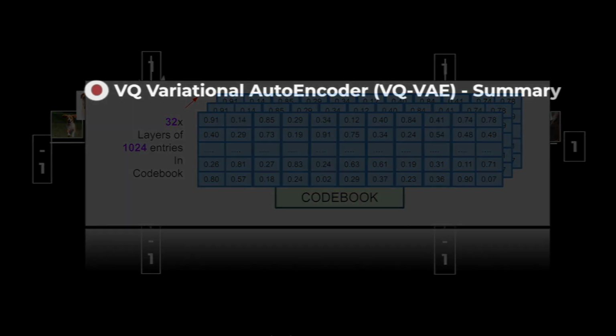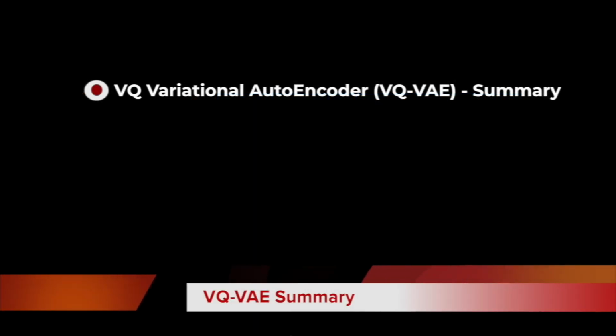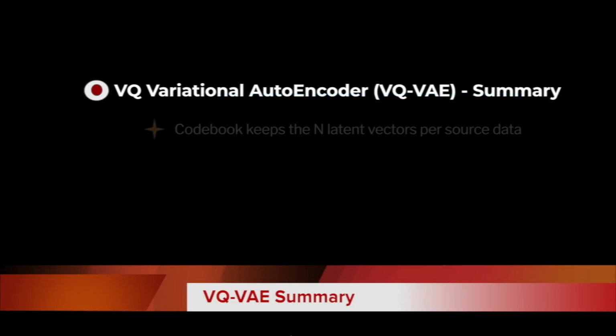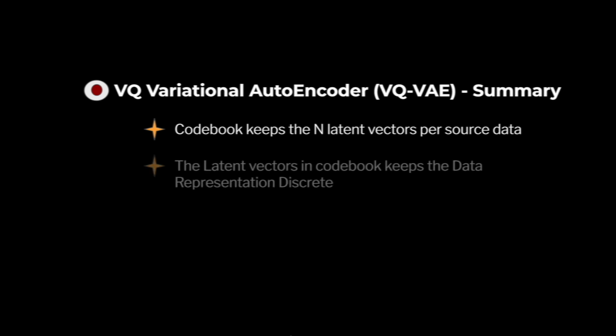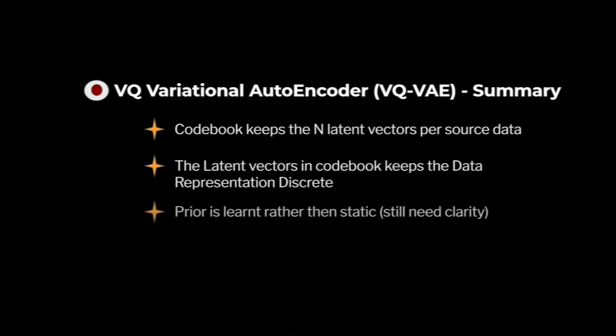To summarize the variational autoencoder, we can say that the codebook keeps n latent vectors per source. The value of n is defined by the problem and the autoencoder. Next, the latent vectors in the codebook keep the data representation discrete, and the statement that the prior is learned rather than static requires a little more clarification. So let's look at a few more slides.